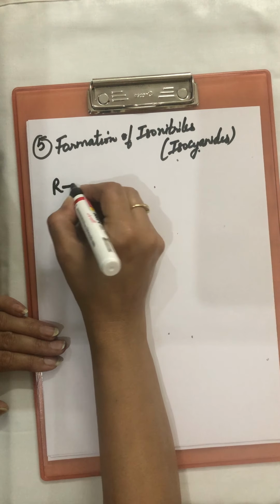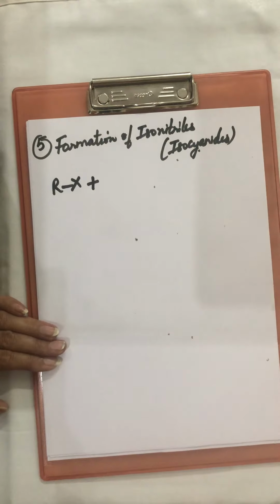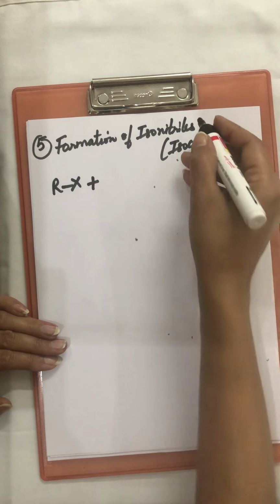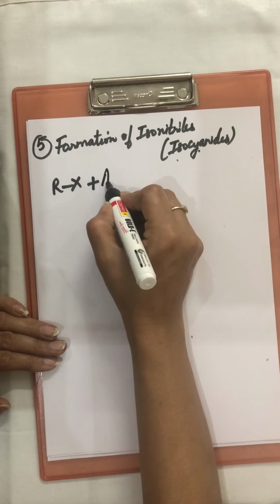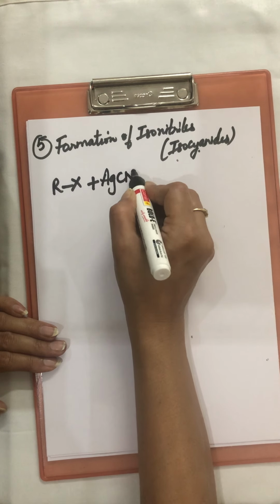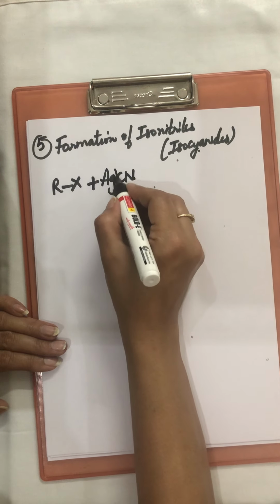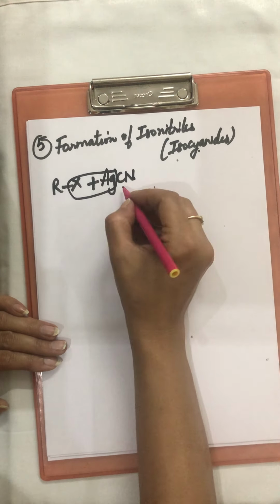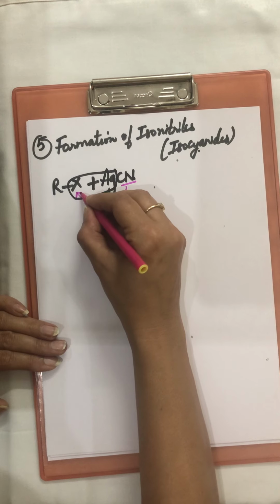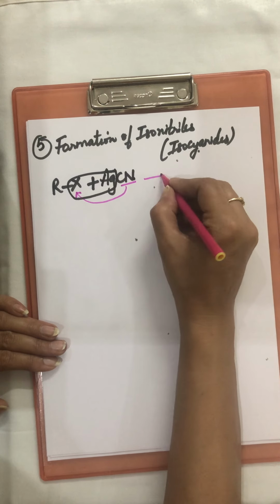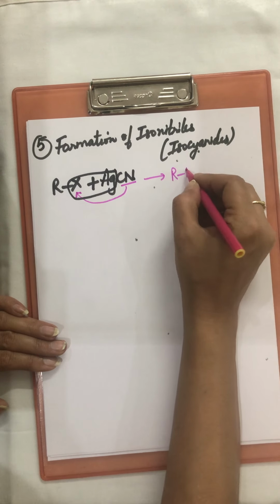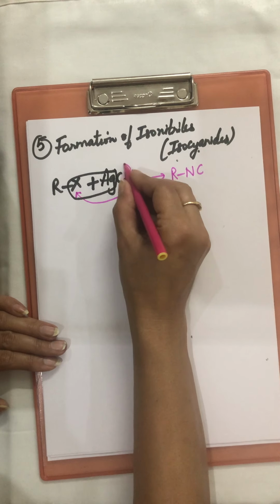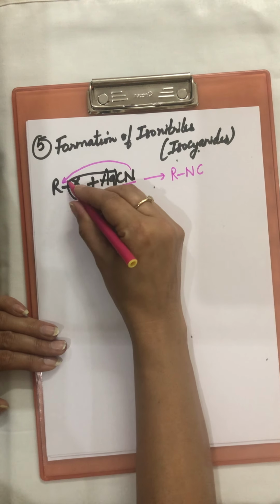So when alkyl halides are reacted with AgCN, in case of the nitriles we had taken NaCN, now we are taking AgCN. In this case AgX is coming out and now this CN will come here in place of this, but it will not link as CN, it will link as NC. N is actually attacking here.